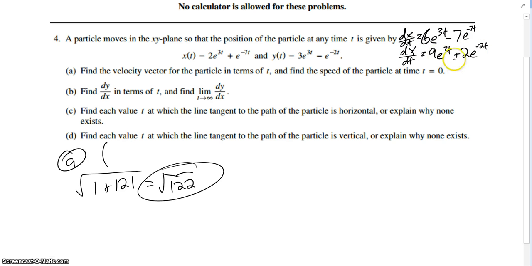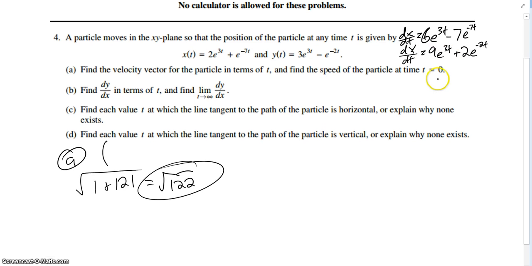I screwed it up in class because I found the velocity vector when t equals 0, but it's literally going to be this, the entire x derivative, comma, the entire y derivative. So that's A.